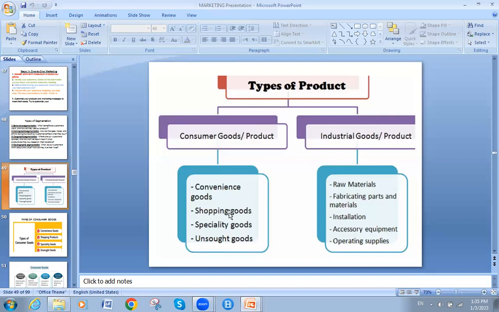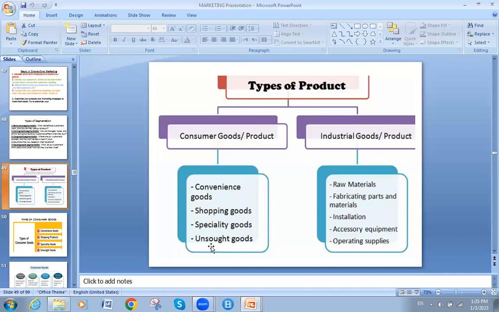We have also the shopping goods, like the style, the jeans, whatever. We have the special goods, where you are looking for a particular brand, like Mercedes-Benz, or you like to wear watches like Rado or Rolex. Unsought goods are things you hate to buy, but you have to.